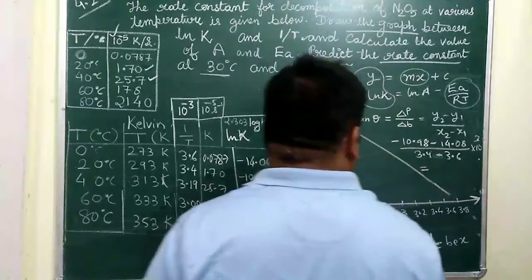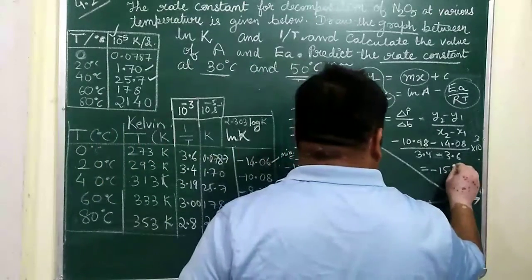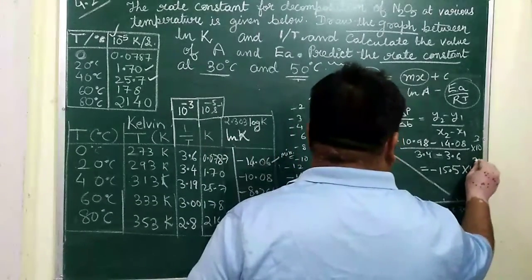This value will come out to be minus 15.5 into 10 to the power 3.